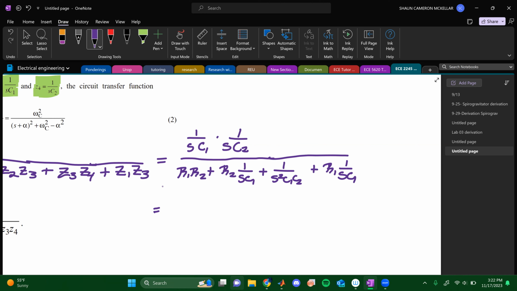The first thing I'm going to do is, I see that my denominator has this quadratic term S squared, and it has this SC1 and a term out front. So I'm identifying that my denominator is a quadratic function. And so what I can do is start to group stuff to make it easier. So if I multiply the numerator and the denominator by 1 over S squared.